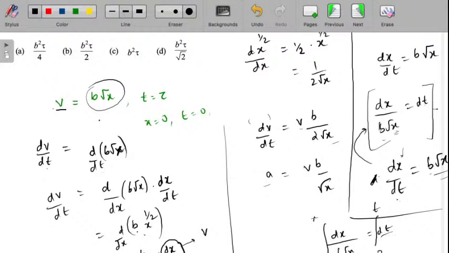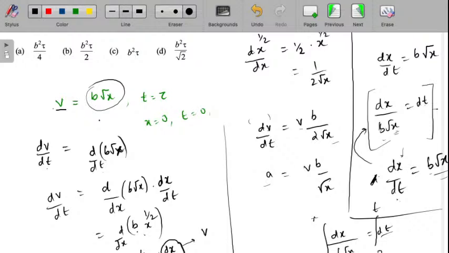So the integral b x power minus 1 by 2 dx, x going from 0 to x, is equal to b into x power minus 1 by 2 plus 1 divided by minus 1 by 2 plus 1. This value is equal to t. Now b into x power 1 by 2 divided by 1 by 2 is your t.